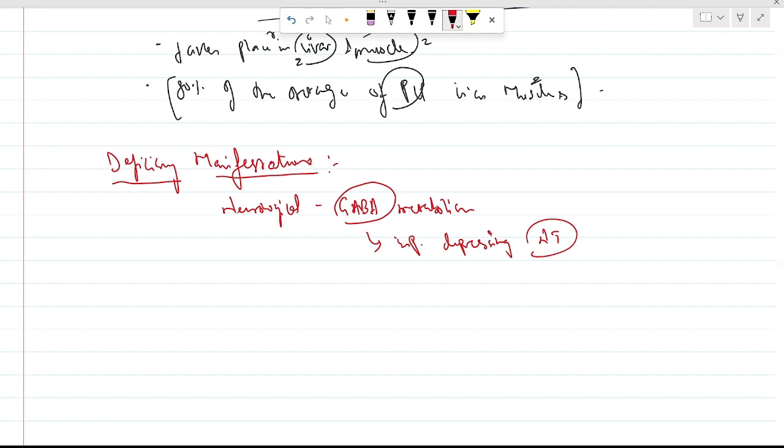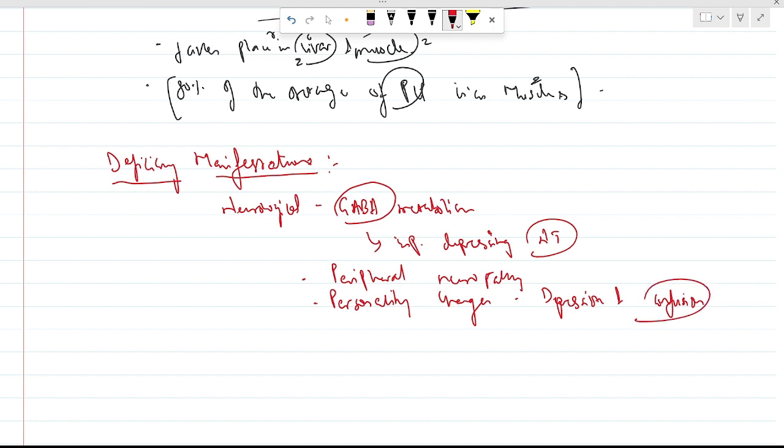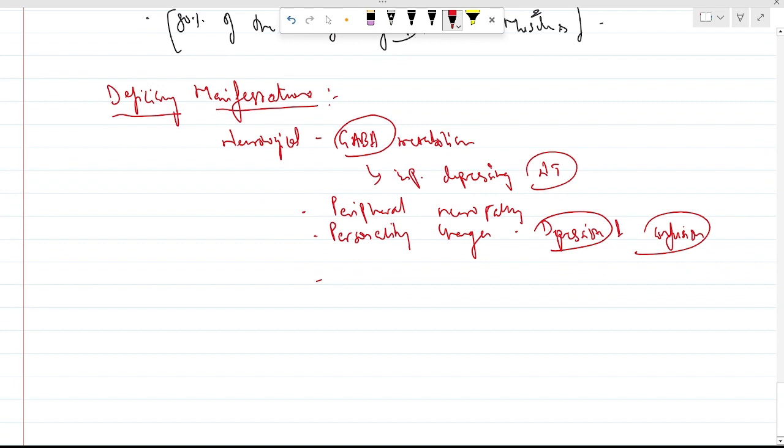Its neurological findings are peripheral neuropathy, then there are personality changes such as depression and confusion. This confusion and depression leads to personality changes. Person starts to behave weirdly. Then there are convulsions.